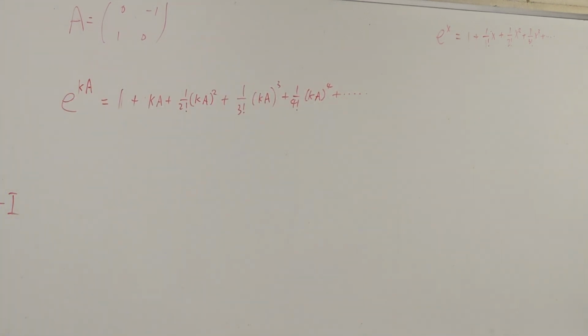So now, because of the padding here, A squared is minus I, so I'm going to group every term with A together, every term with I together, right?